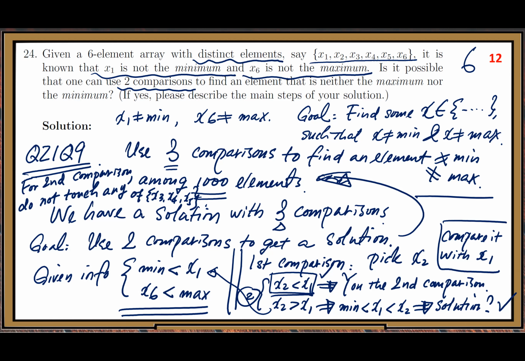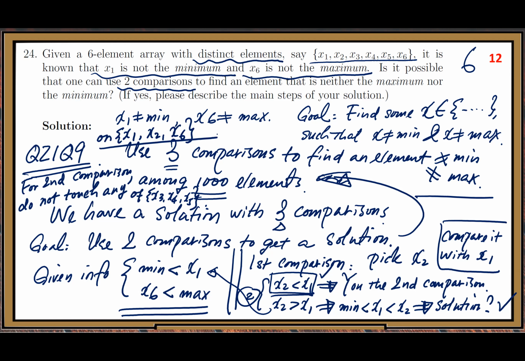You want to spend your precious last comparison on elements with known information, on x1, x2, x6. Then one comparison can give you enough information for the solution.